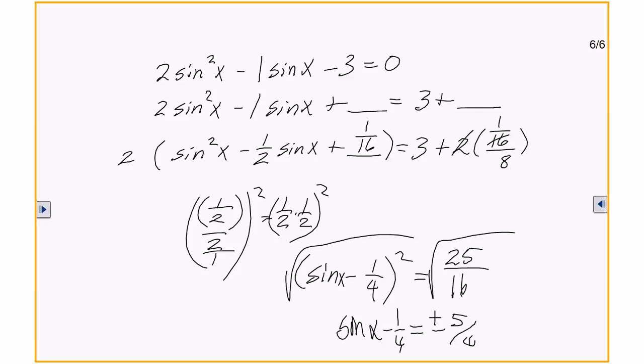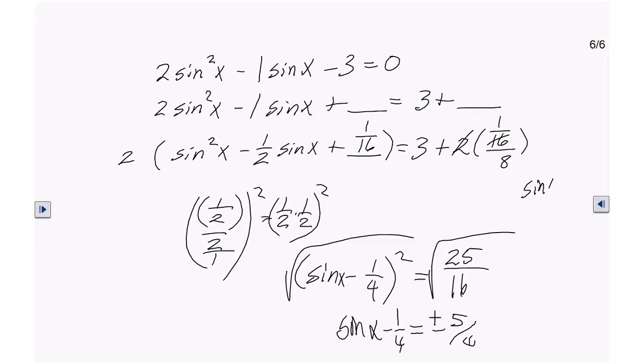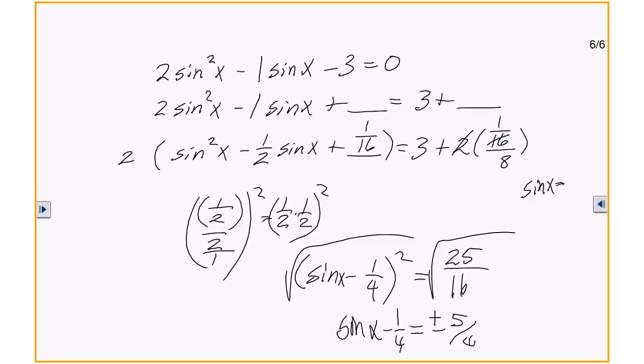So the sine of x is equal to positive or negative 5, plus 1 over 4. And what's 5 plus 1? 6 over 4.